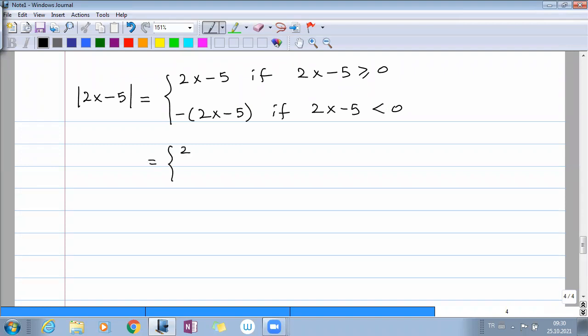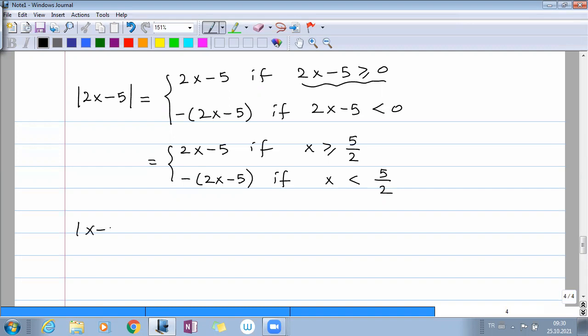Working out the inequalities, I have x greater than or equal to 5/2 here, and x less than 5/2 here. For the other one, the absolute value of x minus 1 is x minus 1 if x is greater than or equal to 1, and it is minus x plus 1 if x is less than 1.